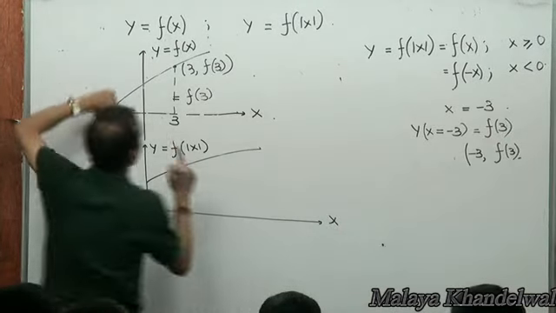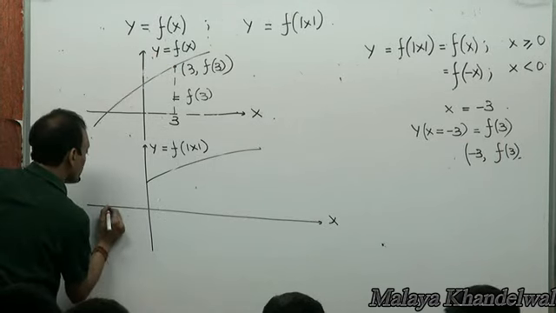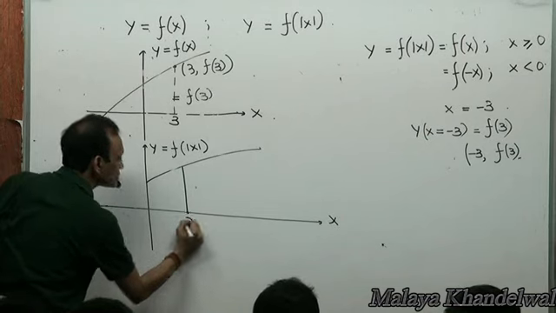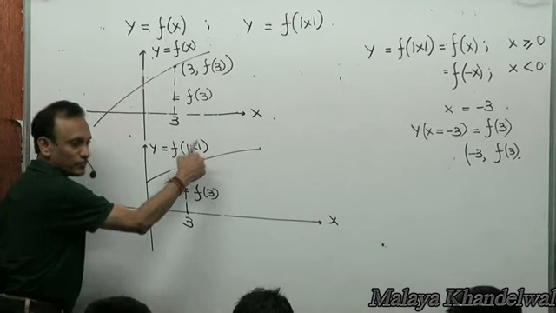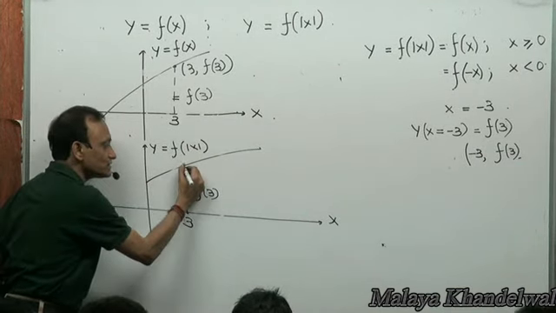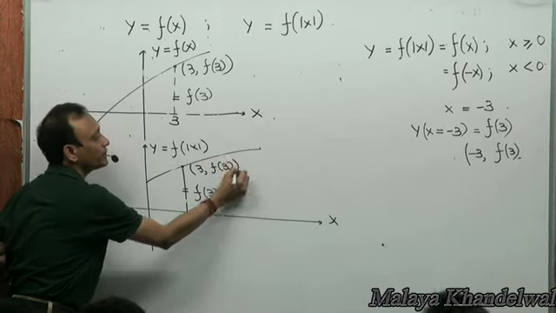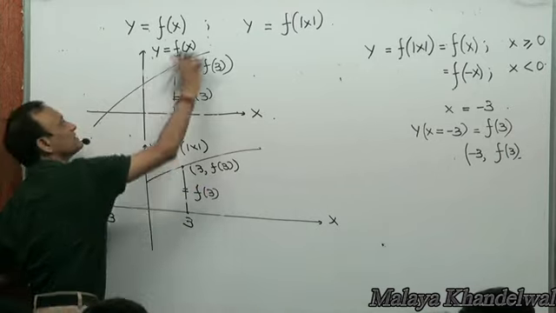Which means, if 3 comma f3 is a point, then if x is minus 3, say this is 3, this is f3, which is a point on the graph of f of mod x. F of mod 3 is the same as f3, which is this length, because this is anyway identical.